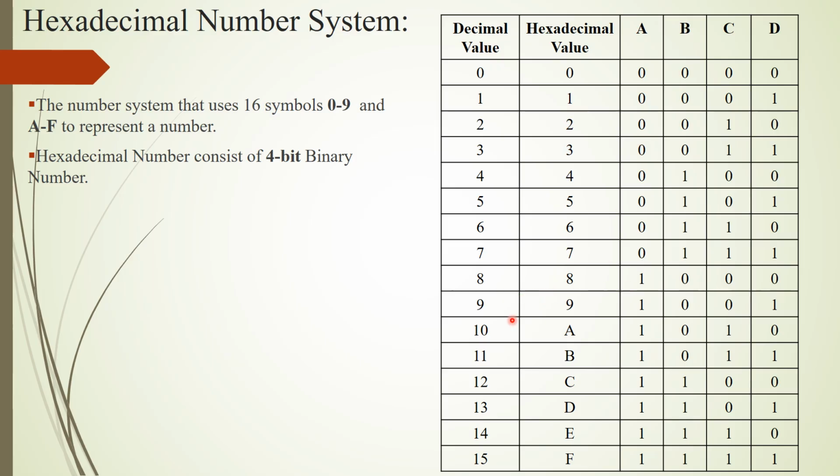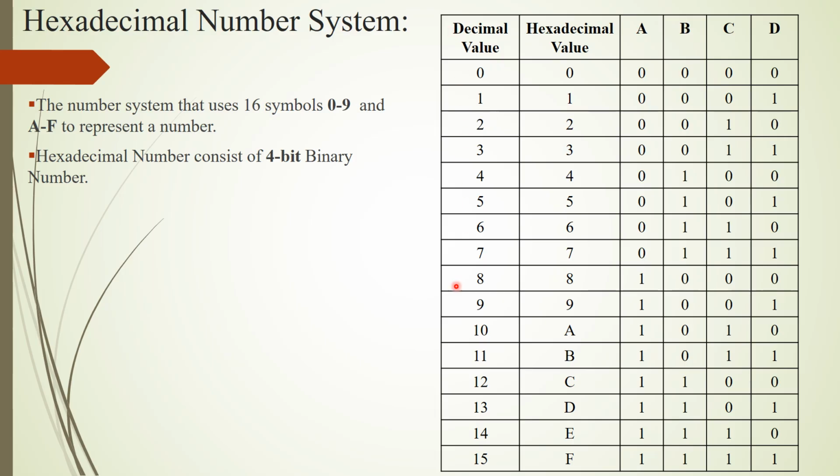But after 9, 10 is represented in hexadecimal as A, in binary 1 0 1 0. 11 is represented in hexadecimal as B, in binary 1011. 12 is represented in hexadecimal as C, 1100. 13 is represented in hexadecimal as D, in binary form 1101. 14 in hexadecimal is E, in binary form 1110.